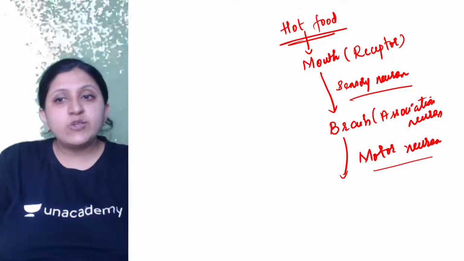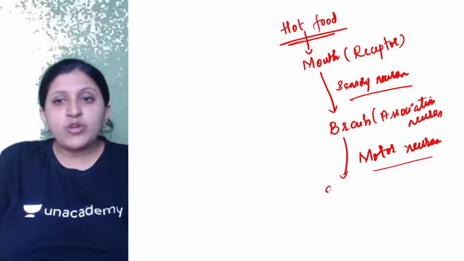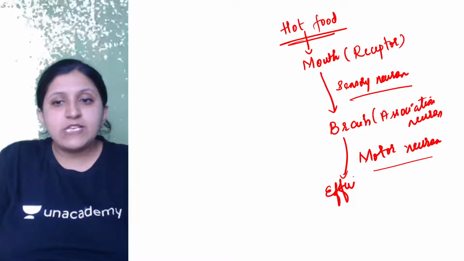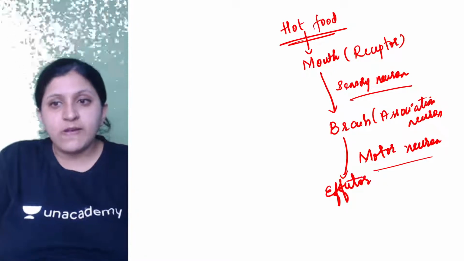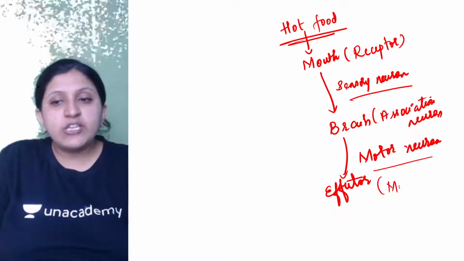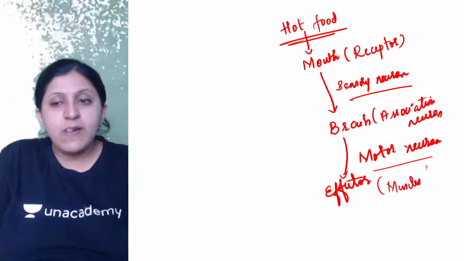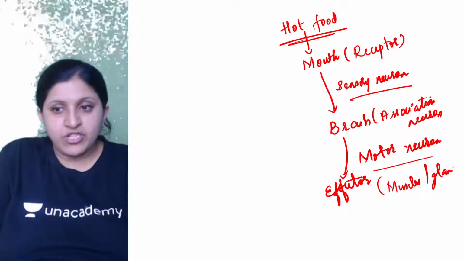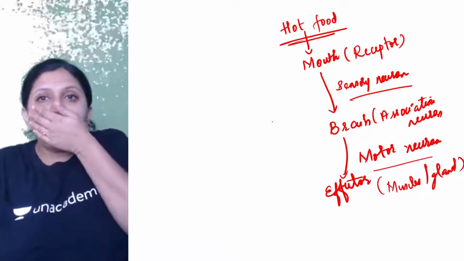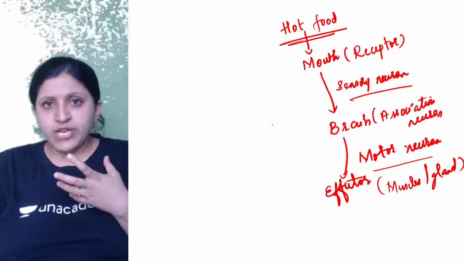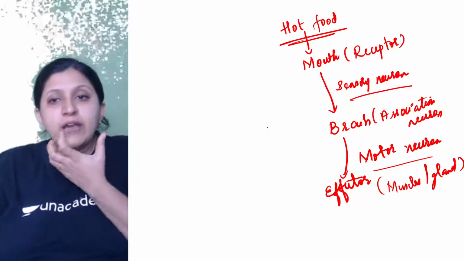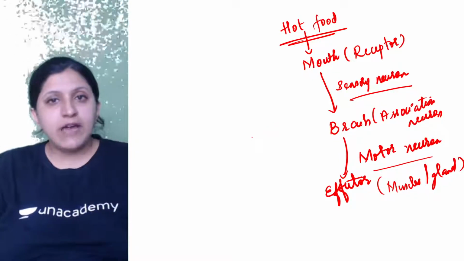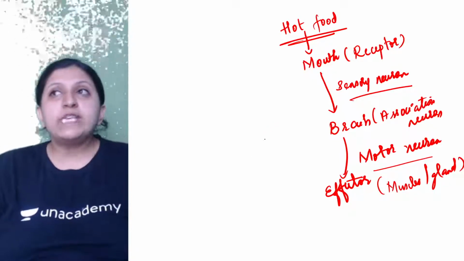So now what is going to happen? This motor neuron is carrying a message to the effector. When we mention an effector, it can be either a muscle or a gland for the function. Now, when I am keeping the hot object, my tongue is muscular tissue. So what is happening there?